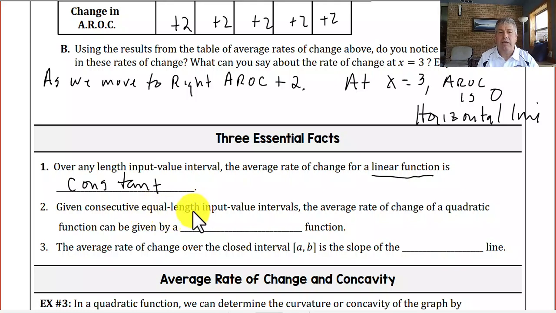Given consecutive equal length input value intervals, the average rate of change of a quadratic function is given by a linear function. That's why these differences were all the same. And the average rate of change over a closed interval a to b is the slope of the what line? The only thing we've studied so far is the secant line.